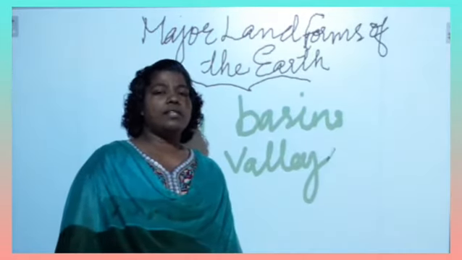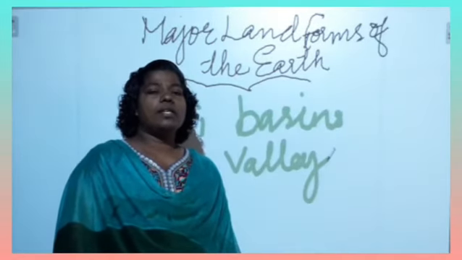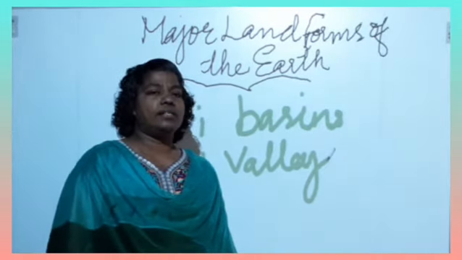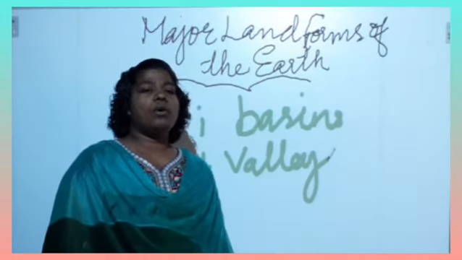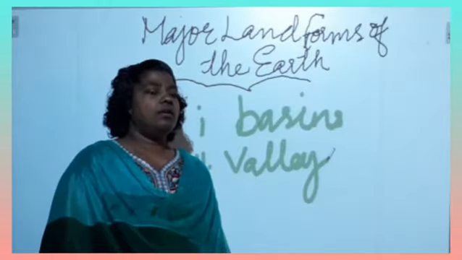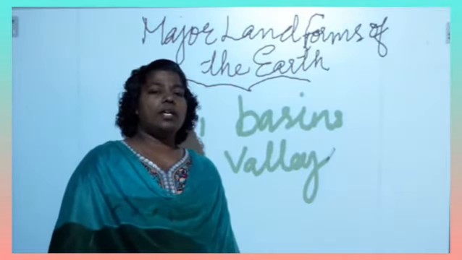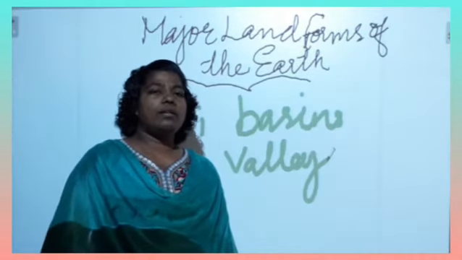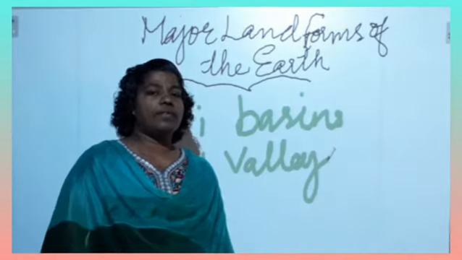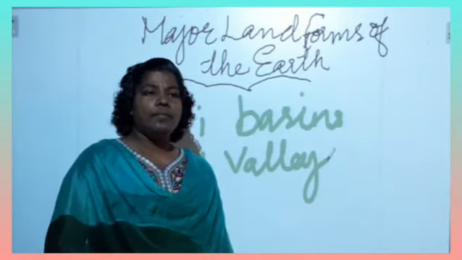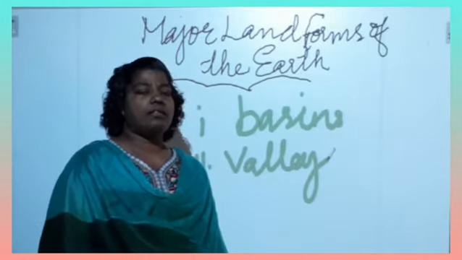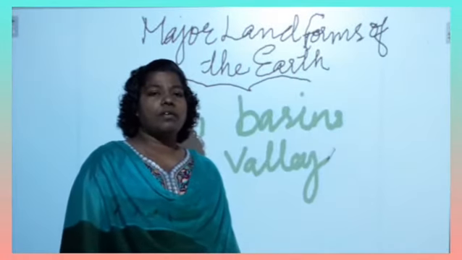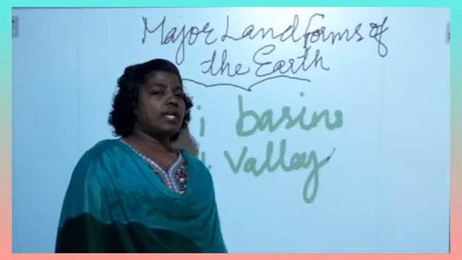We already know that the plates always move. There are two types of movement: endogenic movement and exogenic movement. Endogenic movement takes place in the interior of the earth, and exogenic movement appears on the surface of the earth. So these valleys are also formed because of the movement of the earth plate.